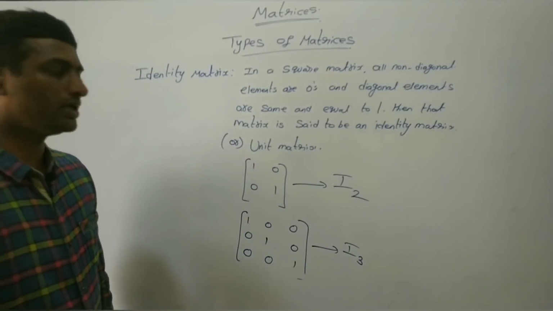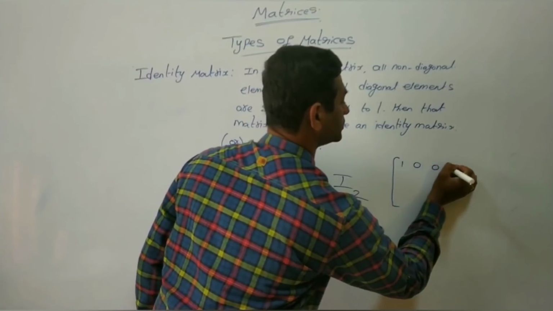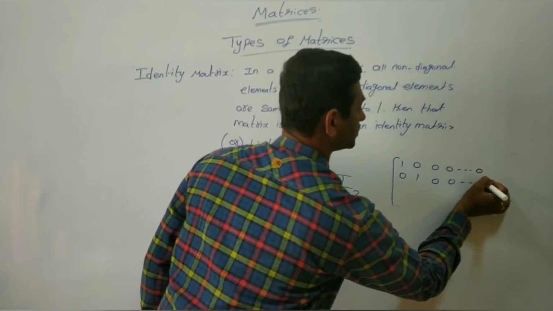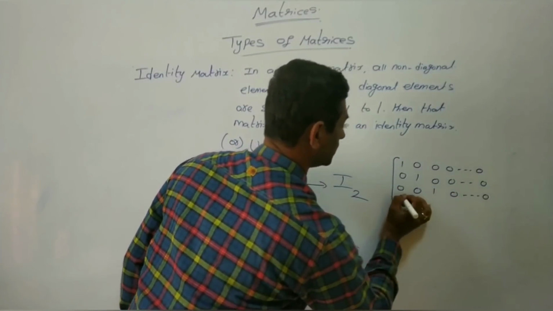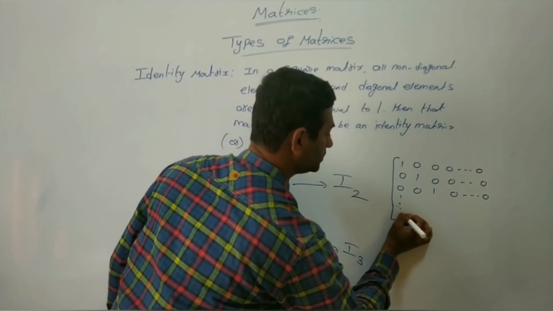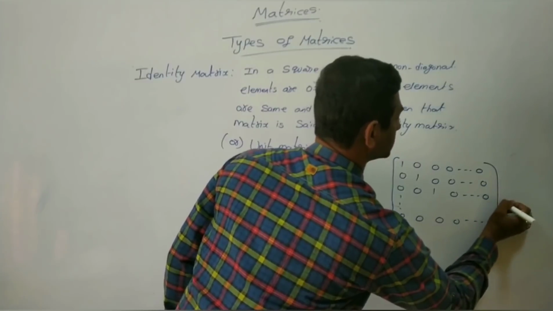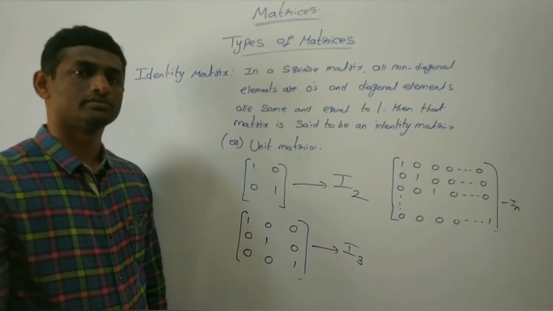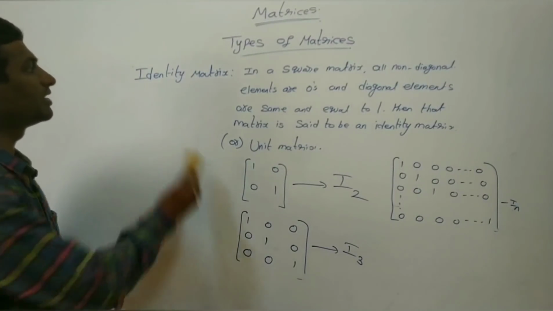So in general, In will be 1 0 0 0 0, 0 1 0 0 0, 0 0 1 0, and so on, with 0s everywhere else and 1 on the diagonal. So it is an identity matrix In. Now, this is an identity matrix.